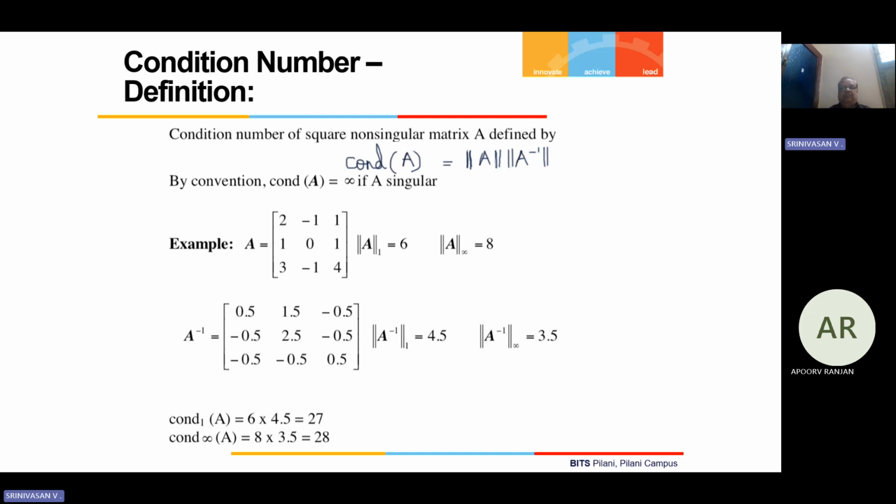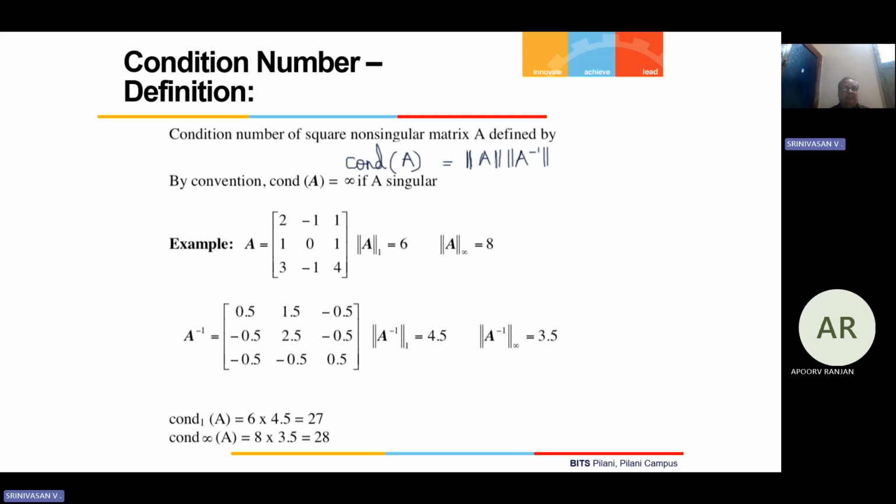Norm A inverse suffix infinity: take row sums. 0.5 plus 1.5 plus 0.5, that is 2.5. Then 2.5, 3.5, and this is 1.5. So 3.5 is your norm A inverse suffix infinity. We have found norm A 1, norm A infinity, norm A inverse 1, and norm A inverse infinity.